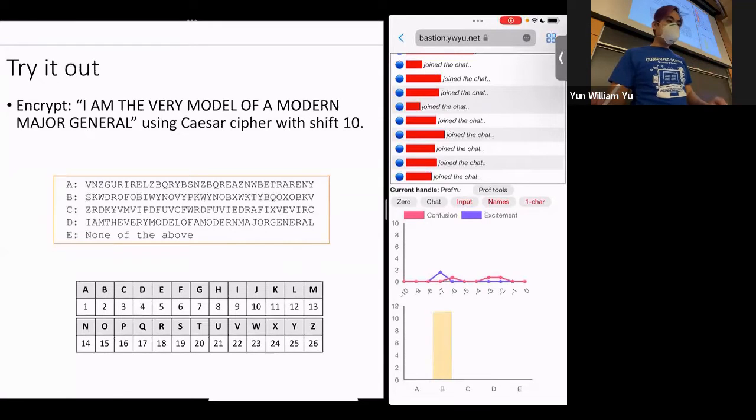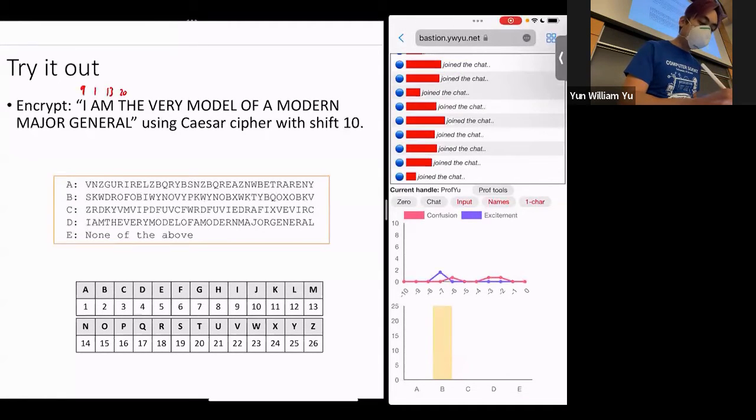And so what do we get? Let's just do the first couple letters, and it looks like you all have managed to figure most of it out. So let's see, I is 9, right? And A is 1, and M is 13, T is 20, H is 8, and E is 5.